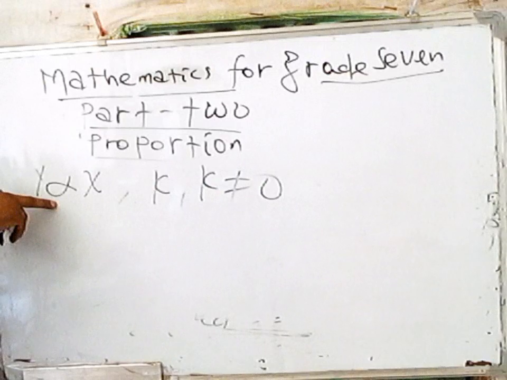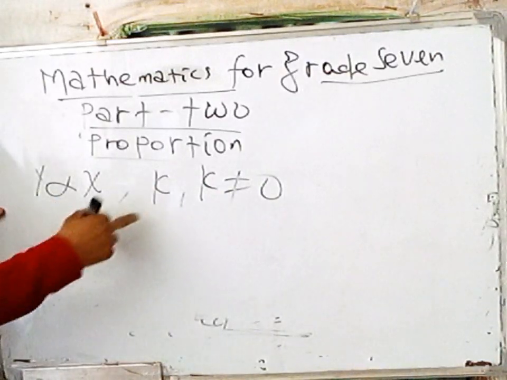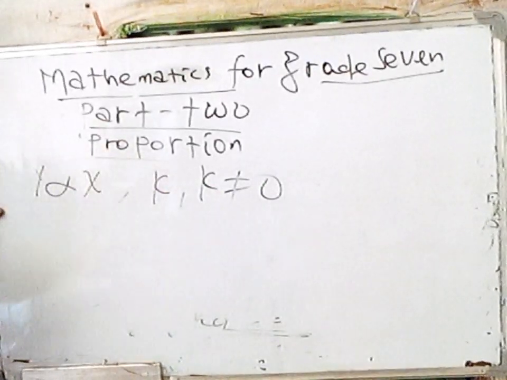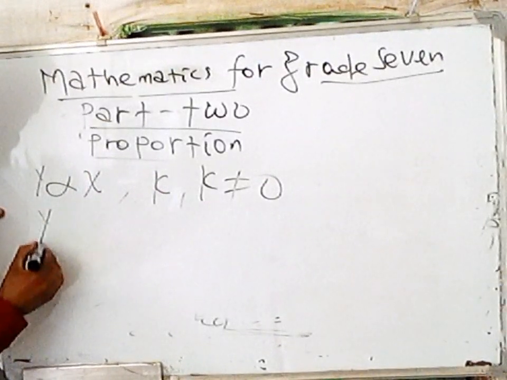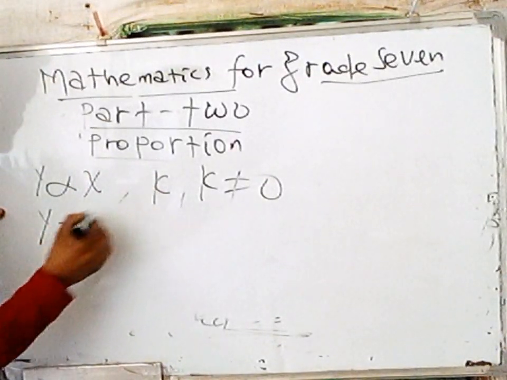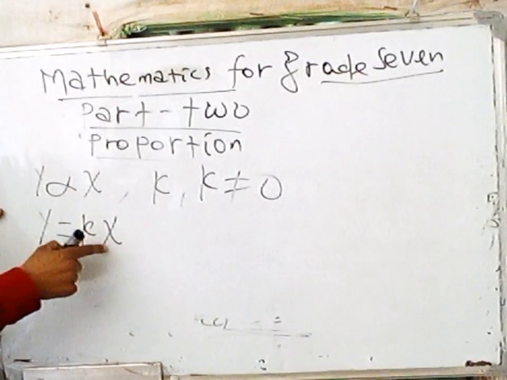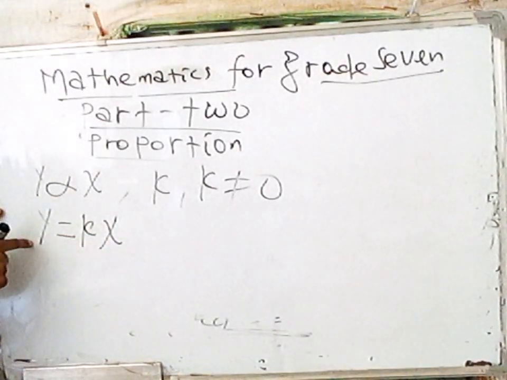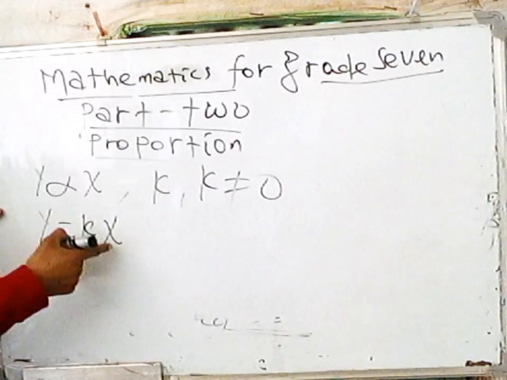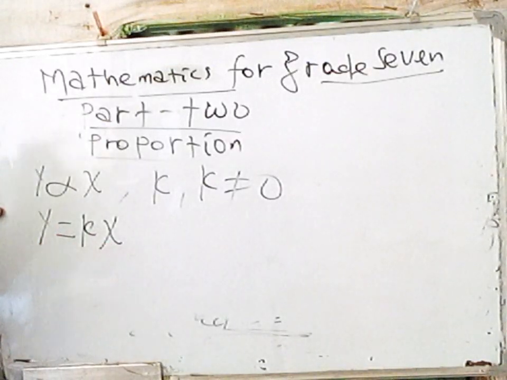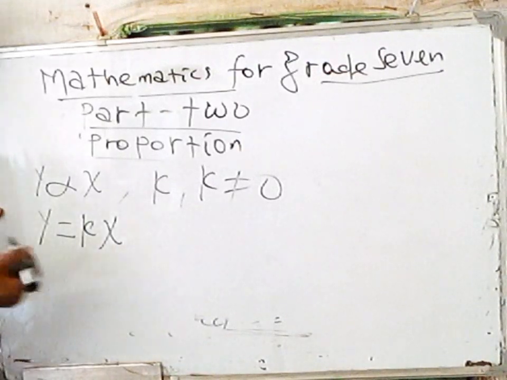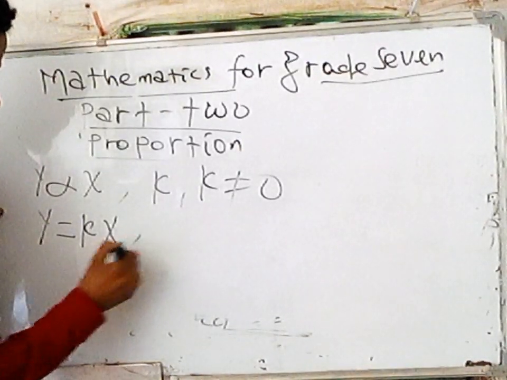The sign of proportionality is changed into an equal sign by the constant k. So y is equal to the constant k multiplied by x. If we get y by multiplying x by the constant k, then y and x are directly proportional. Example.